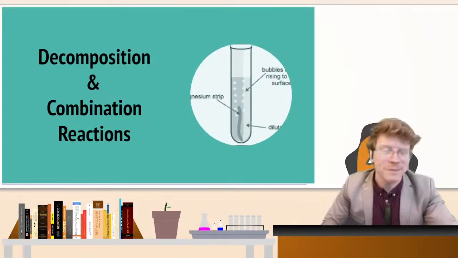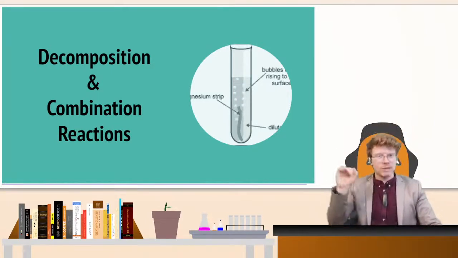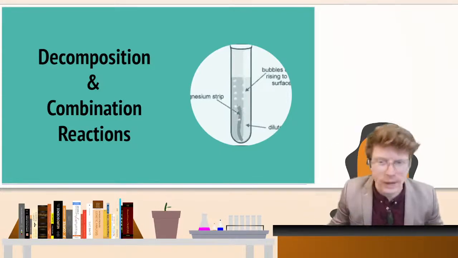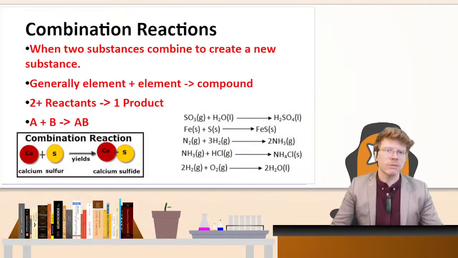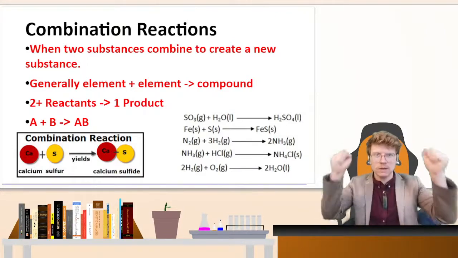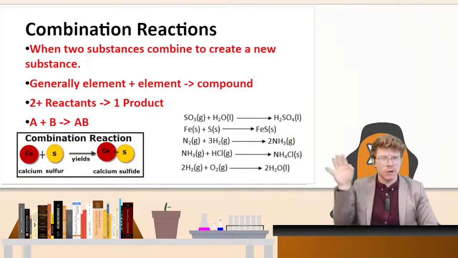Okay, so we're going to look at our first 2 kinds of reactions first. Decomposition and combination. 2 of our 4, we're going to get them through really quickly, right? Combination reaction. Oh my goodness, what could that be? It's a combination. 2 things joined together, right? In reality, you can have a variety of different combination reactions. They get more complicated than this.